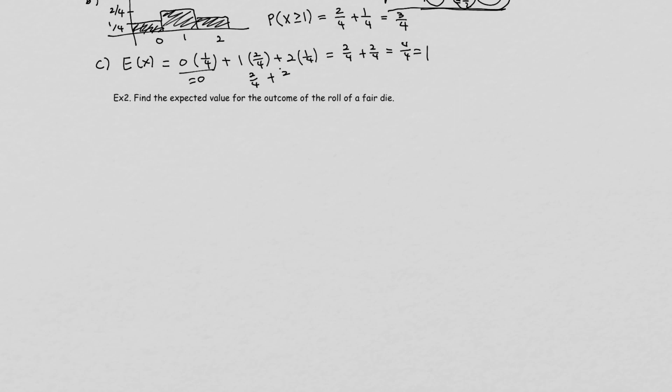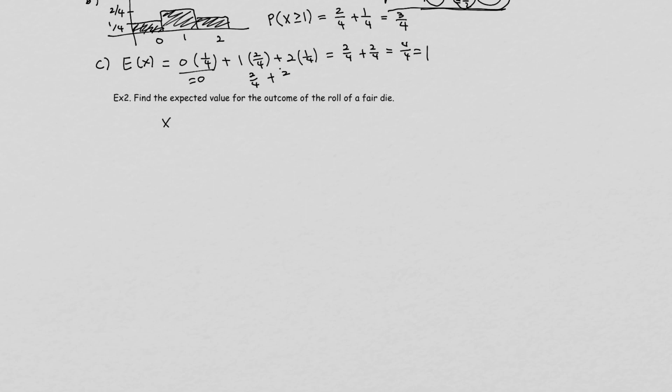So example 2, we're going to try finding expected value again, but this time for the outcome of the roll of a fair die. A fair die has 6 sides, right? I'm going to find the probability distribution first.